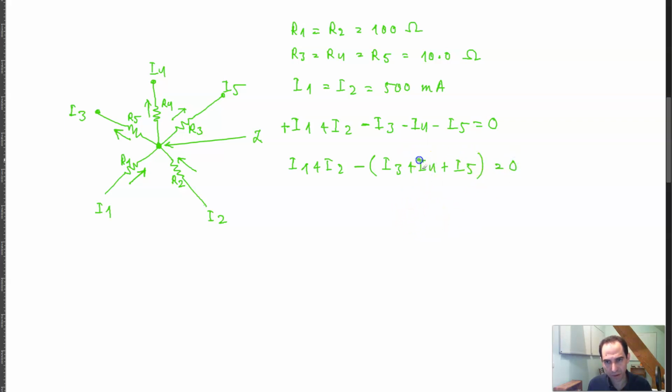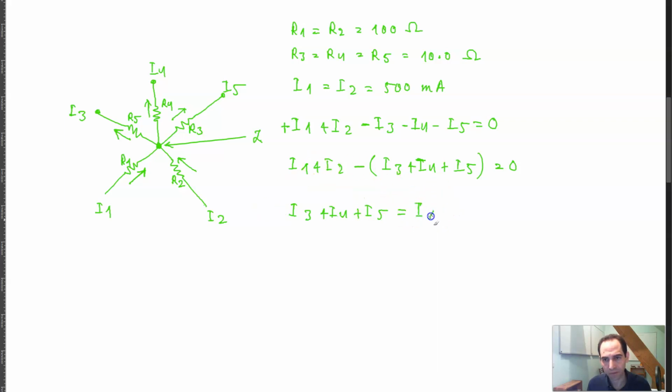And since we know that each of these currents is 1/3 of the total current exiting this node, the total current exiting this node is of course the sum of all of these three currents, meaning that I3 plus I4 plus I5 is the total current exiting the node.